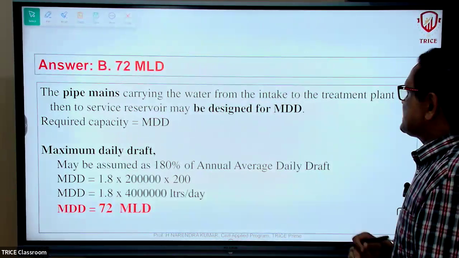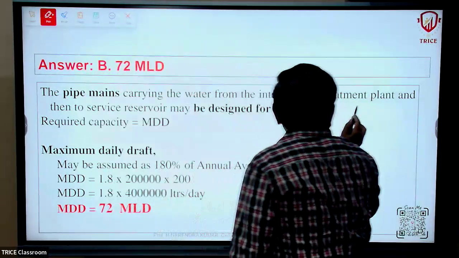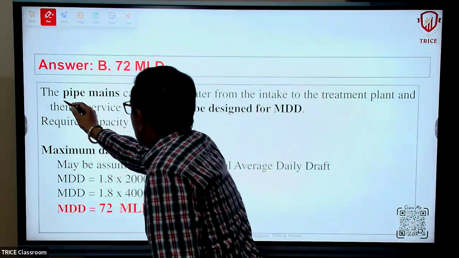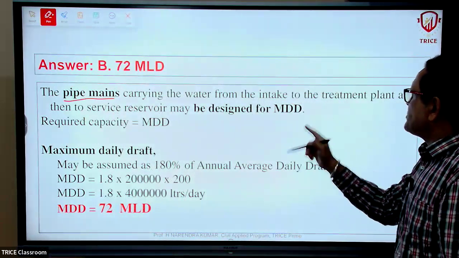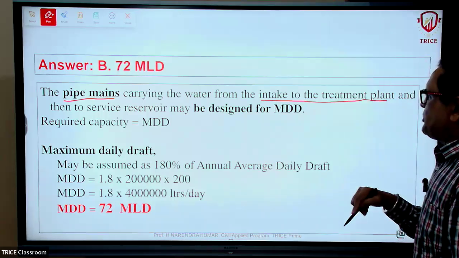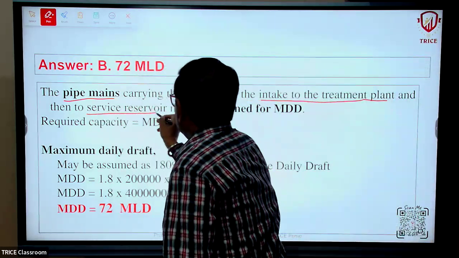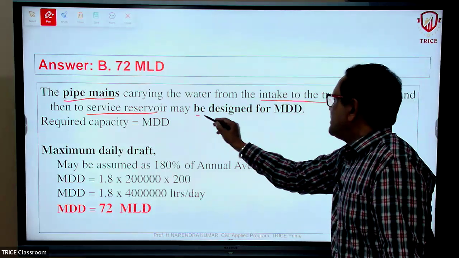The pipe mains carry the water from the intake to the treatment plant and then to the service reservoir. So there are two types of pipe mains. One carries raw water from the intake to the treatment plant, before treatment, and the other after treatment to the service reservoir. So that pipe main may be designed for MDD.